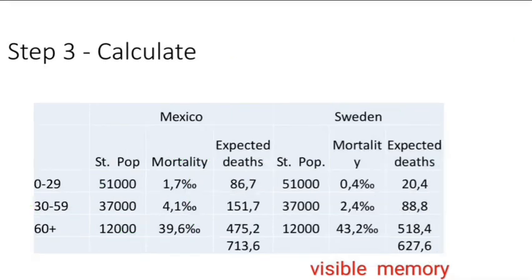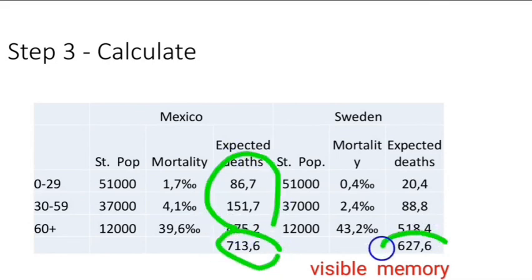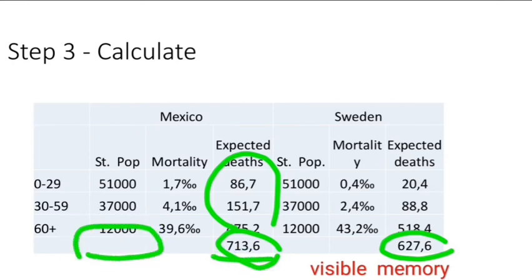Now we have to add all the expected deaths in each category to find the total number of deaths in both cases. Then we find the mortality rate of the standard population. We divide the expected number of deaths by the total population, which is 1 lakh, and multiply by 1000, and we find the mortality rate for both Mexico and Sweden.